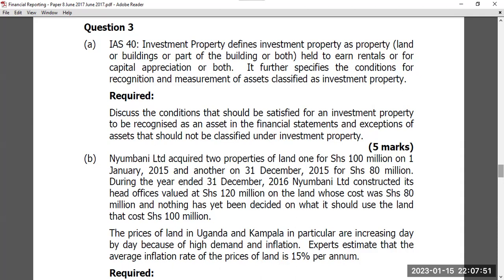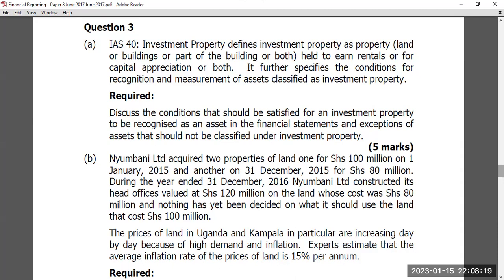The other item we looked at was the properties that are sold in the normal course of business. It's not always a must that whenever we are talking about non-current assets, they are going to be long-term.